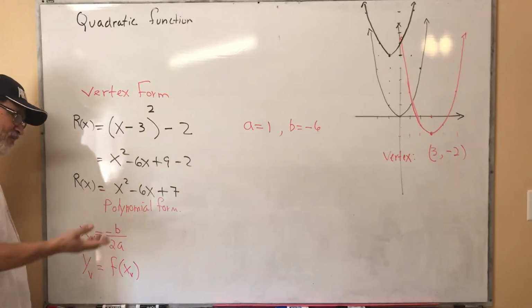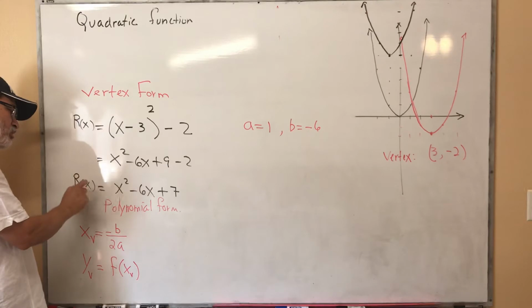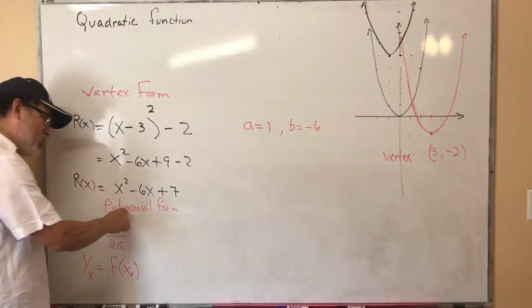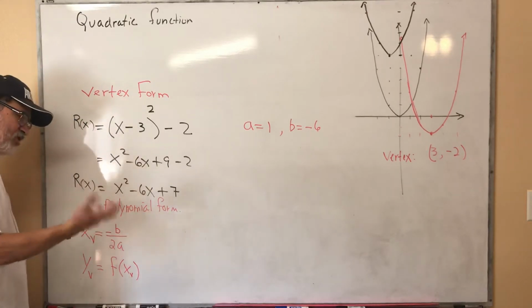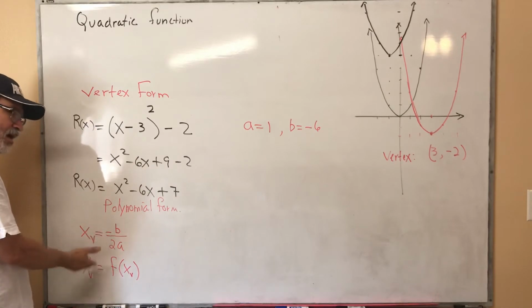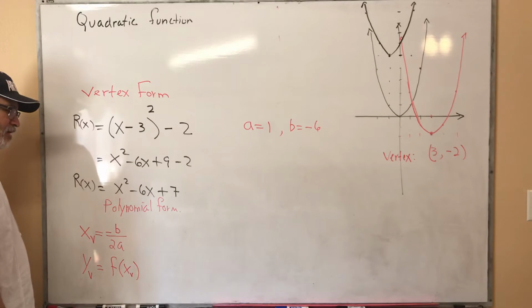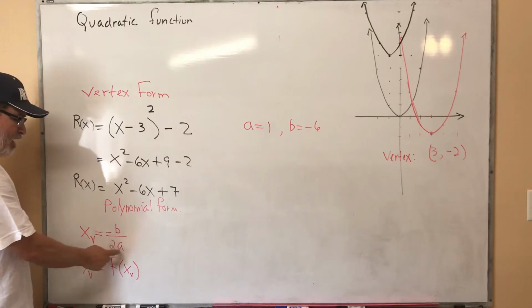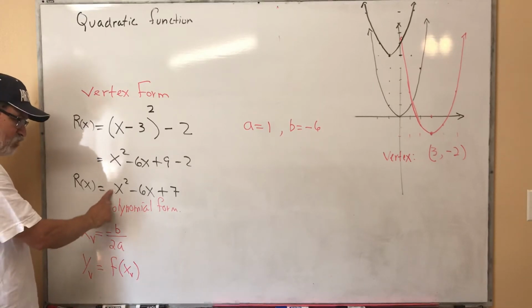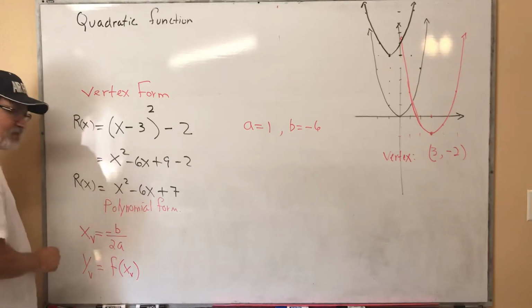Okay, if you're given the quadratic function in polynomial form and you want to find the vertex, this is one way. There's another way, but this is one way. You need b and you need a. A is 1, b is negative 6.